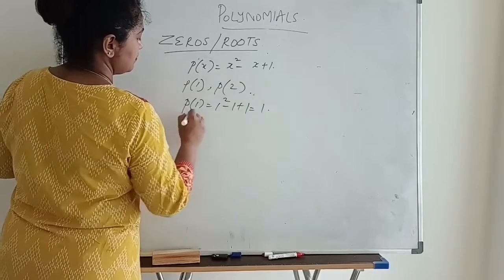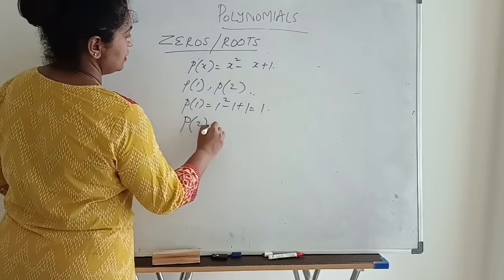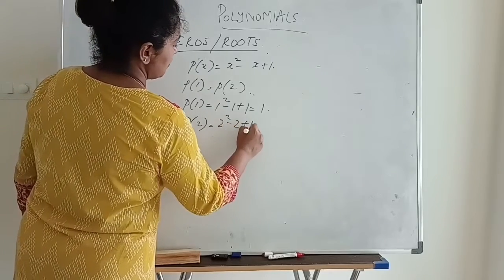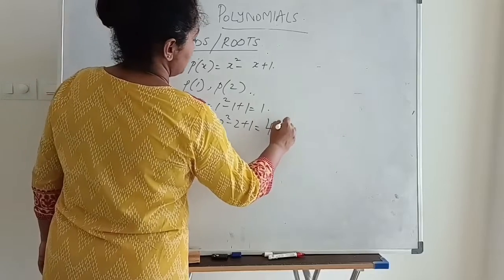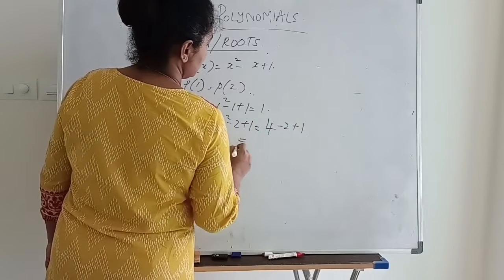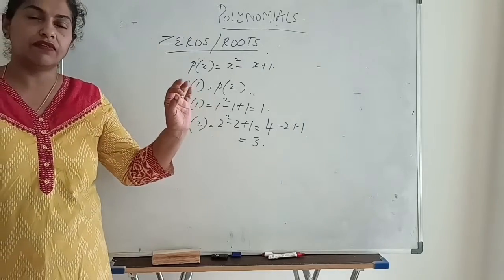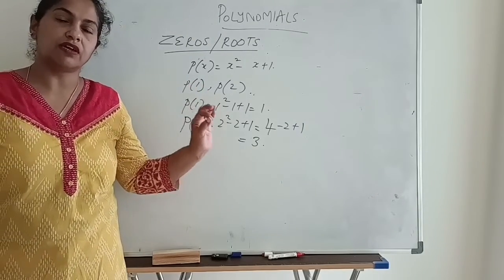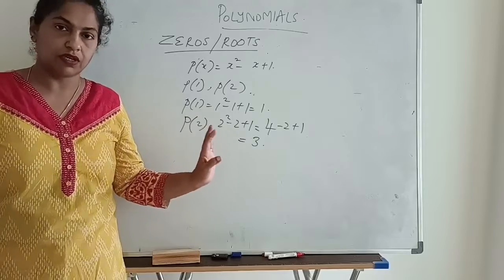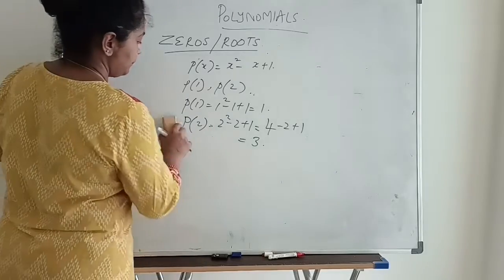I will get 1. P of 2 will be 2 square minus 2 plus 1, 4 minus 2 plus 1, 3. Okay. So, when the value of x is given to you, you can find out the corresponding value of the polynomial.